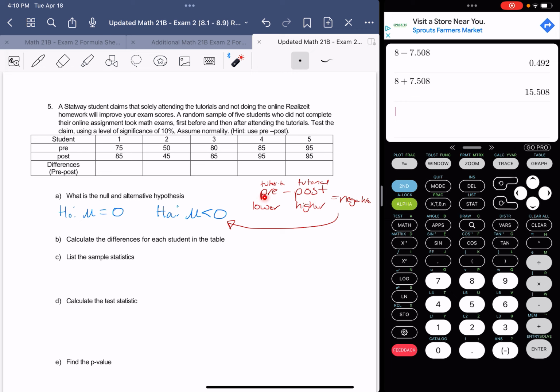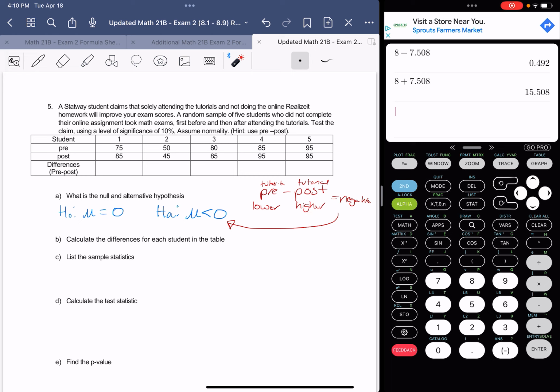Okay, so I just wrote pre minus post here because that's what it's telling me to do, and then I plugged in essentially what the values would be. Pre-tutorial, the exam score would be lower. Post-tutorial, after you've done the tutorial, the exam scores would be higher.